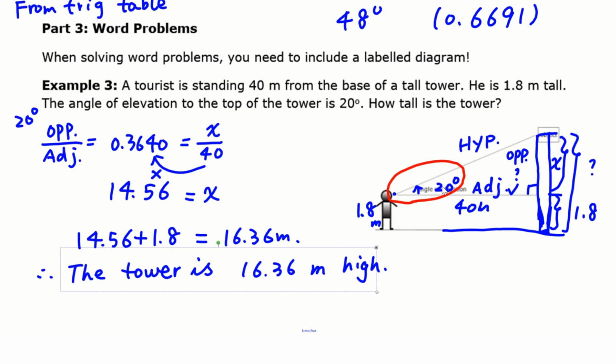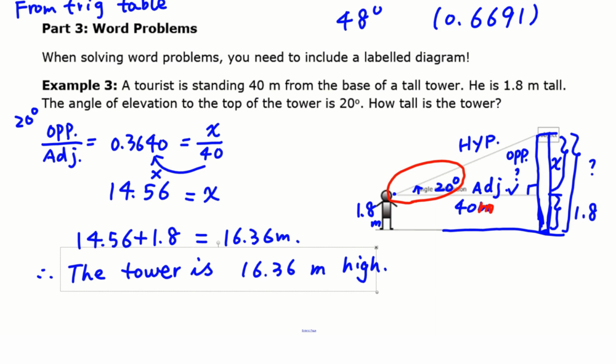Then from the trig table, we find 20 degrees, the ratio for opposite over adjacent equals what? Then subbing the information given, we solve for the unknown. Then after that, we need to add the height of the tourist to that in order to find the total height of the tower. Okay.